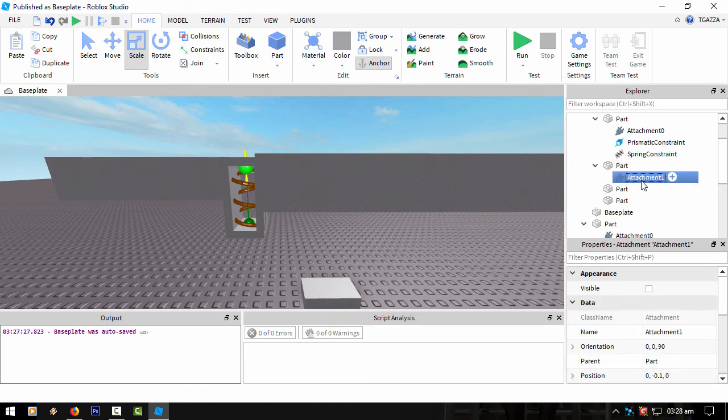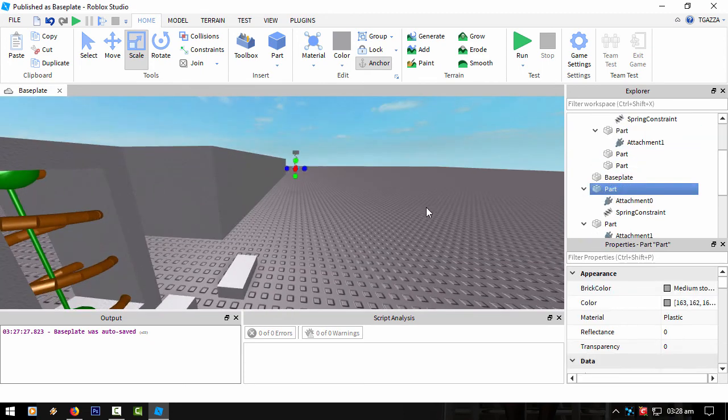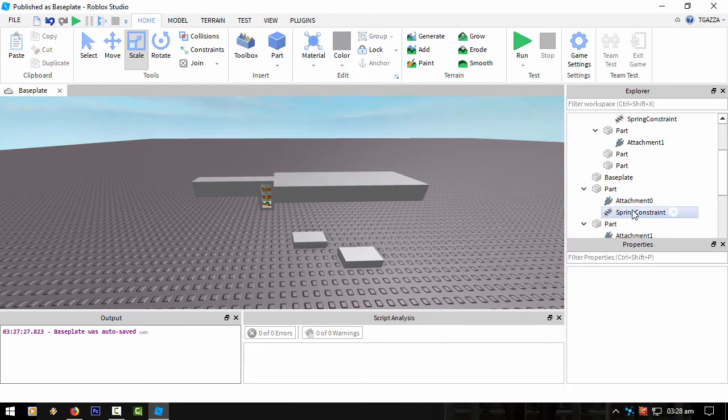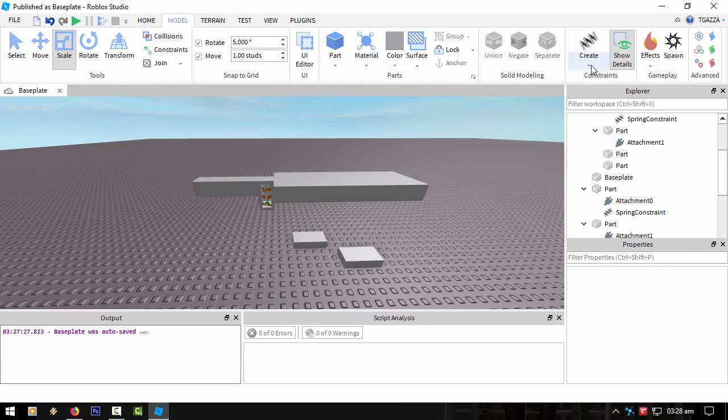Did I really? Or did I duplicate? No, I did. There we go. That's the other one. Getting confused. So yeah, you can use different joints for the same attachment points, but be careful what you use, because one might cancel out the other.